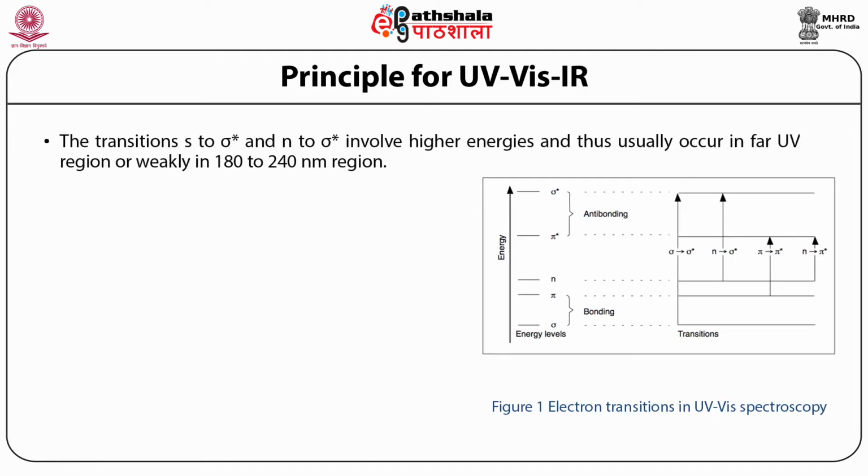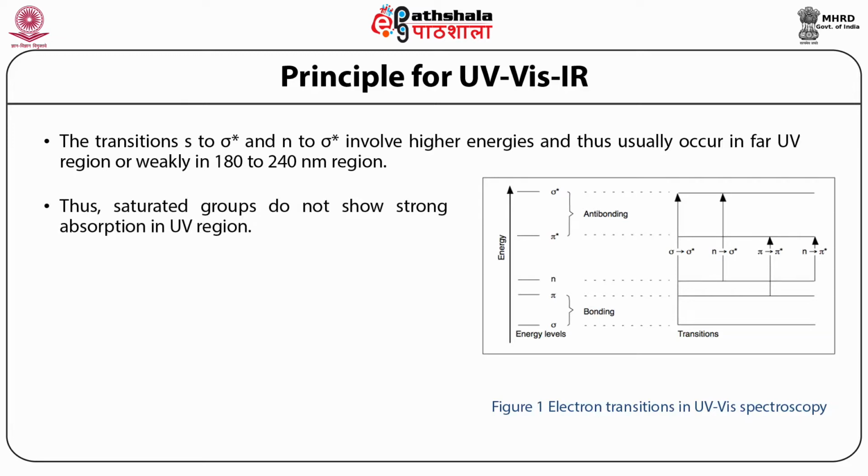So the transitions sigma to sigma star and n to sigma star involve higher energies and thus usually occur in the far UV region or weakly in the 180 to 240 nanometer region.